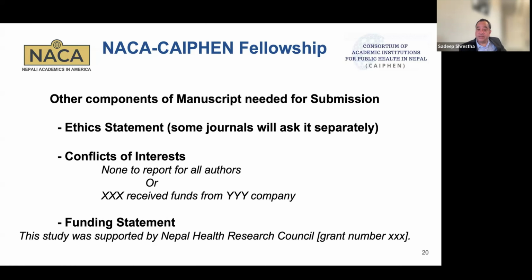Again, funding statement, you have to state which funding agency funded this. At least one journal has asked me for the ethical approval letter as well. We submitted it and the journal rejected it, saying that it's not ethical. Then we realized that we only submitted the first ethical approval and we did not submit the amendment letter, and in the amendment letter, we had an extension for the data collection.